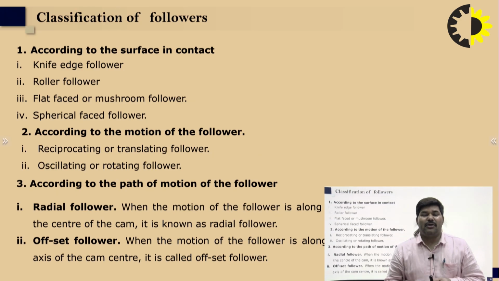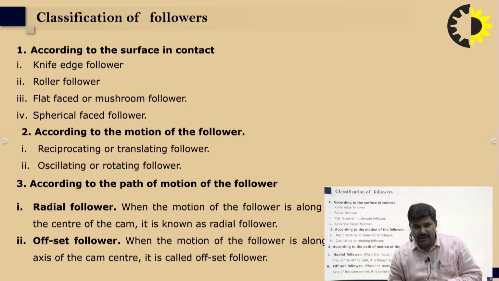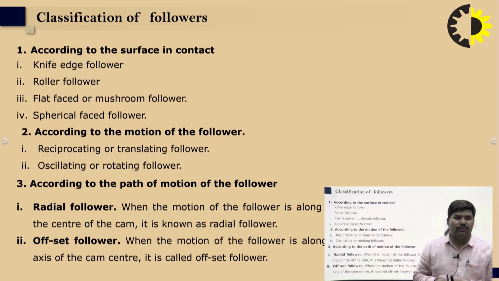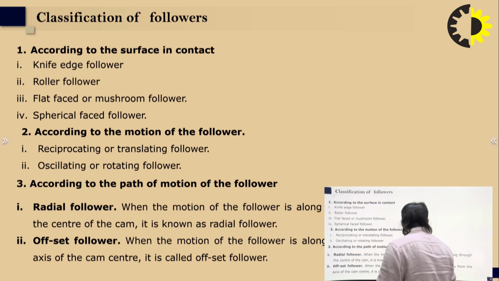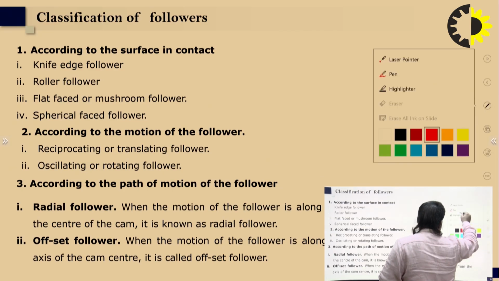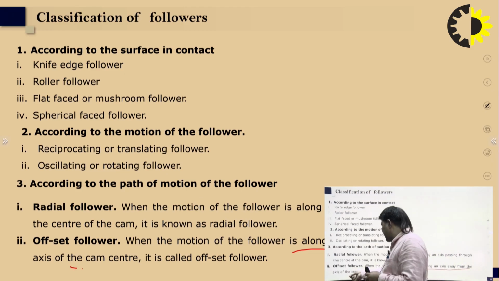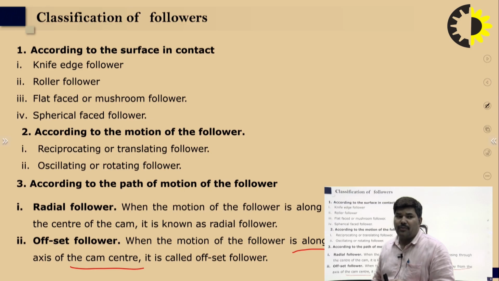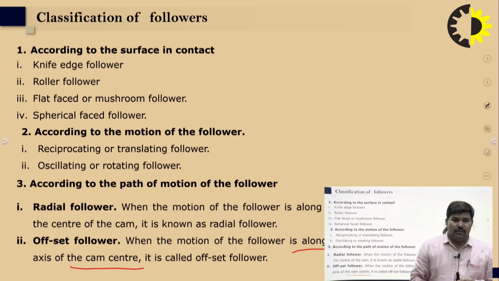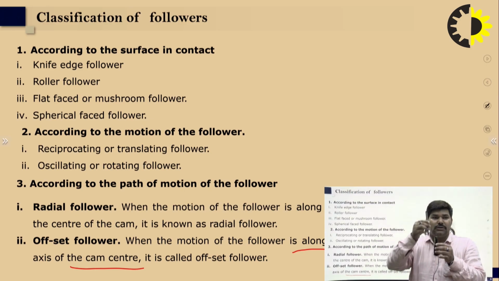But in the case of an offset follower, the motion of the follower is along an axis away from the axis of the cam center. It is called the offset of the follower. So these are the axis of the cam and these are the axis of the follower.